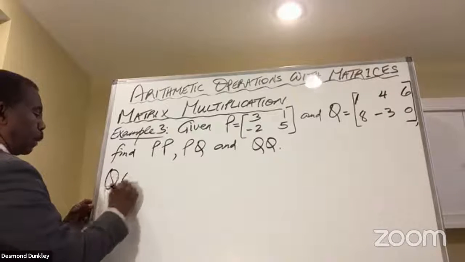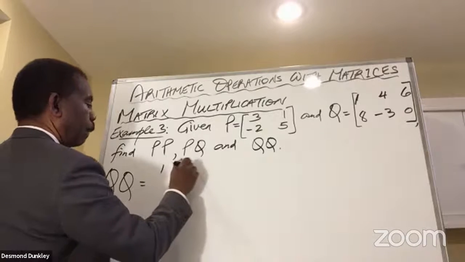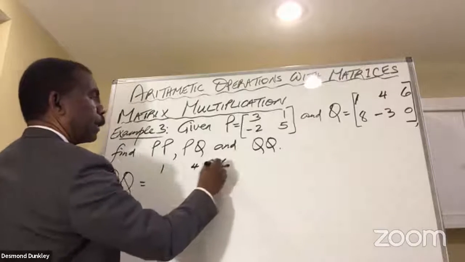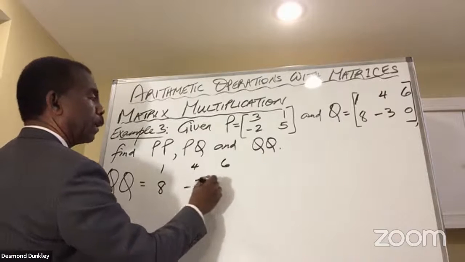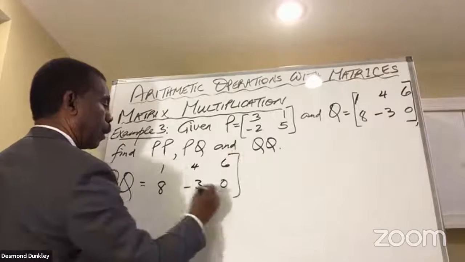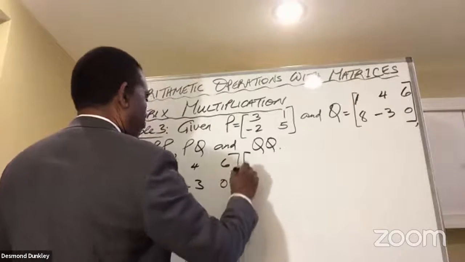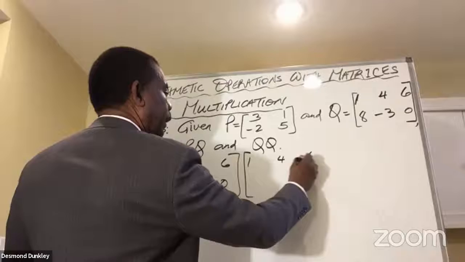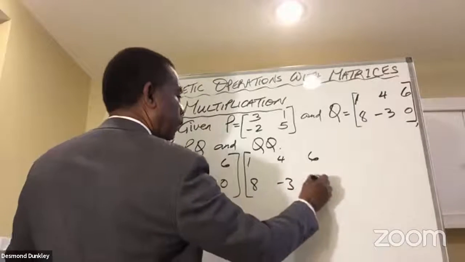Q times Q. It's going to be equal to 1, 4, 6, 8, negative 3, 0 times 1, 4, 6, 8, negative 3, 0.